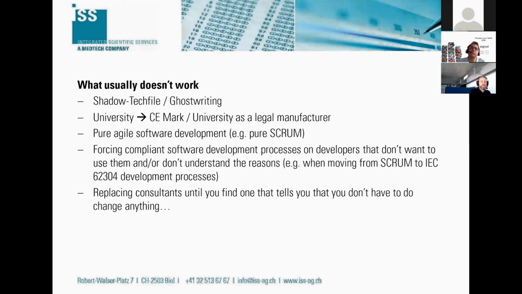They might leave the company, they might not work as planned, or it often doesn't work. Also, for some of the startup companies, replacing consultants until you find one that tells you that how you do it now is okay usually doesn't work, because if the first 3 told you you need to do some changes, then it's most likely the thing that you need to do.